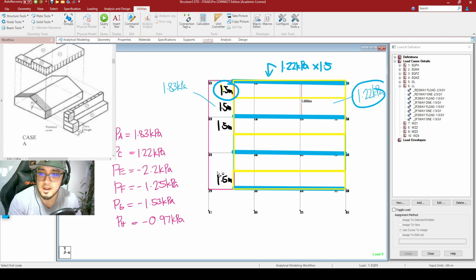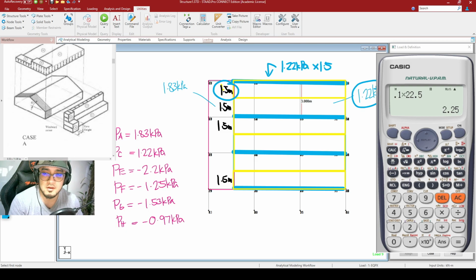Looking at the calculator to your right, 1.22 times 1.5, and our answer here is 1.83. So this is now 1.83 kilonewtons per meter. Since kilopascal is kilonewtons per square meter, if you multiply them, the meters would cancel out and it would give you an answer in kilonewtons per meter. Since this top portion right here has the same tributary width as your bottom part, this is also 1.83 kilonewtons per meter.